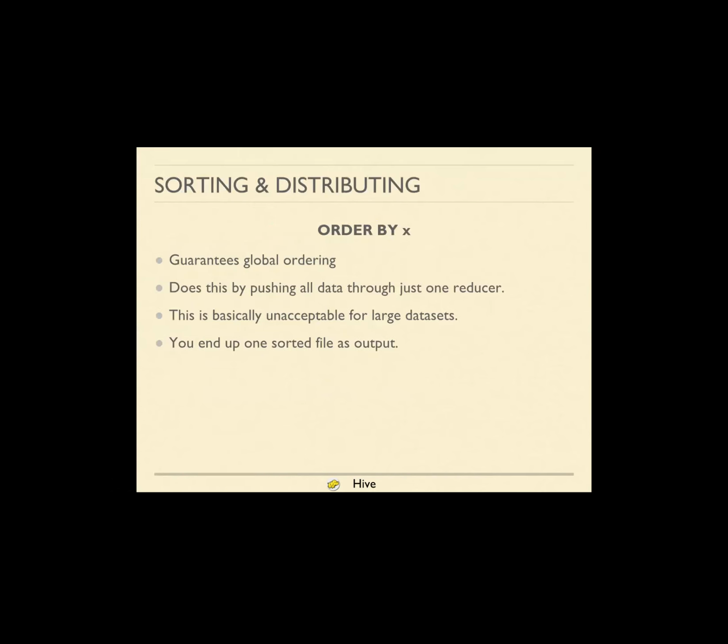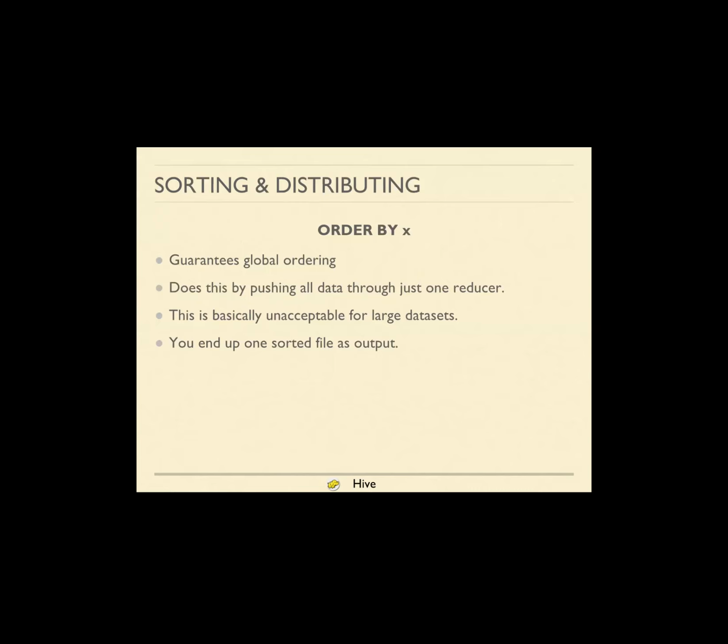Now a minor caveat with respect to sorting and distributing. You remember our discussion earlier when we had a big file and we were doing MapReduce, and we were saying reducers equals 2, and there were 2 files created, and now how to concatenate these files? You remember that problem? This is exactly the same problem faced by Hive.